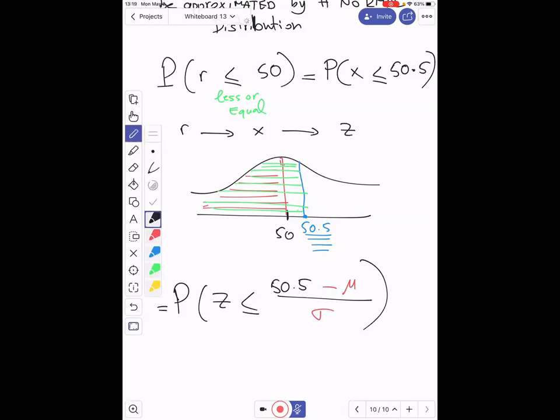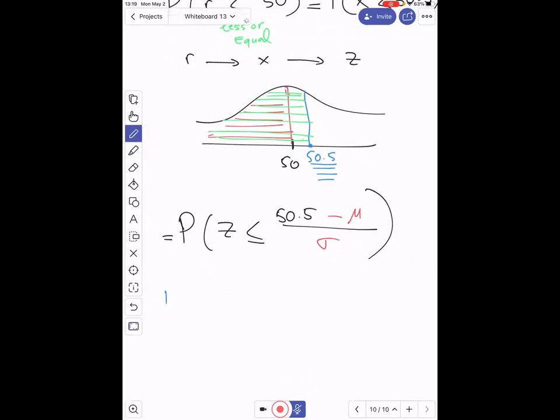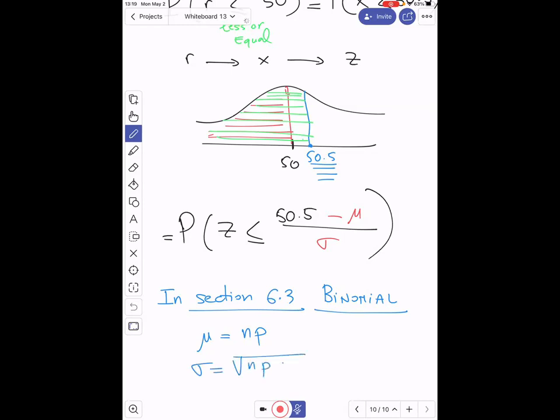So in section 6.3, we said that when you have a binomial distribution, mu would be n times p, okay? And sigma, we said it's the square root of n times p times q, okay?